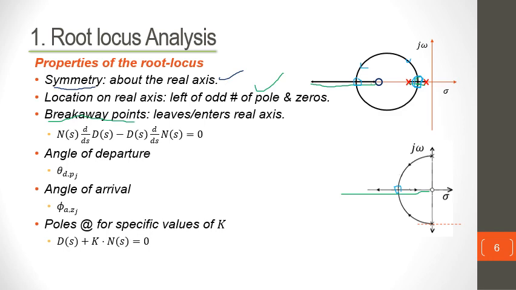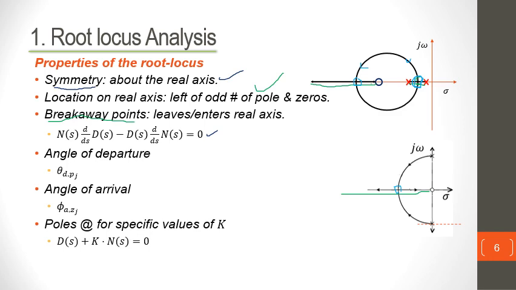And the way to calculate the break-in point is by solving the following equation. If you imagine that the open loop transfer function is g of s equals n of s on top, d of s at the bottom, you solve this equation: n of s times the derivative of d of s, minus d of s times the derivative of n of s, is equal to 0.